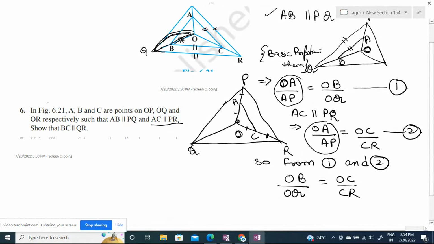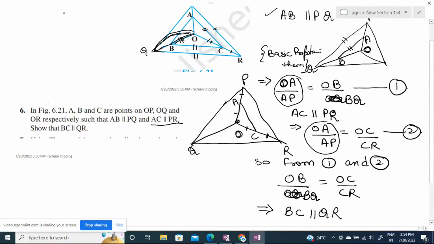Now OC and CR, this is OC and this is CR. We have not to write OQ. OB upon BQ we have to write. Sorry. So here we have BQ. So it is obvious these two ratios are equal. So in the last we simply write BC is parallel to QR.